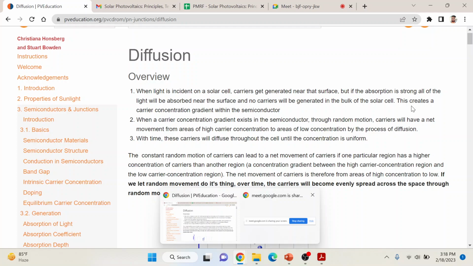If the absorption is strong, all of the light will be absorbed near the surface, and no carriers will be generated in bulk. This creates a carrier concentration gradient within the semiconductor. When a carrier concentration gradient exists, through random motion carriers will have a net movement from areas of high carrier concentration to areas of lower concentration by the process called diffusion. With time, these carriers will diffuse throughout the cell until the concentration is uniform.